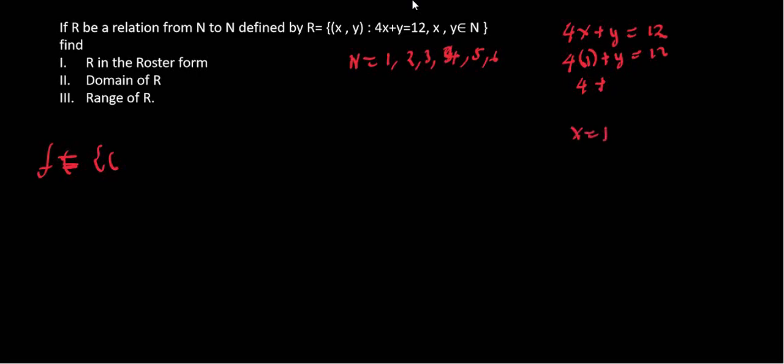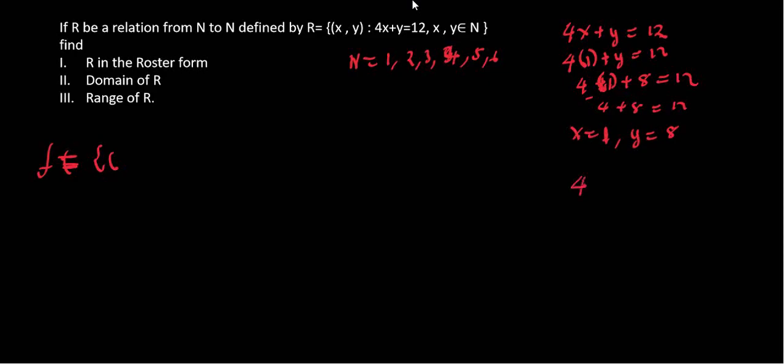What number should I put on y to have 12? There it is: 8, because 4 plus 8 is 12. So meaning that if I put in 1, what is in the y? It is 8. Right? Okay.